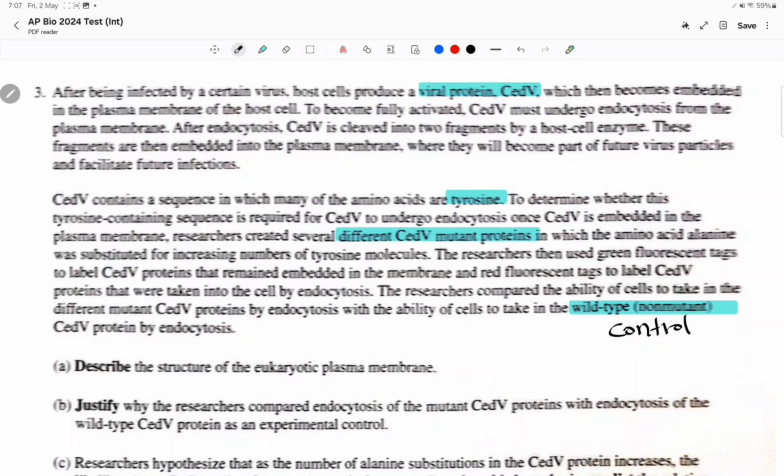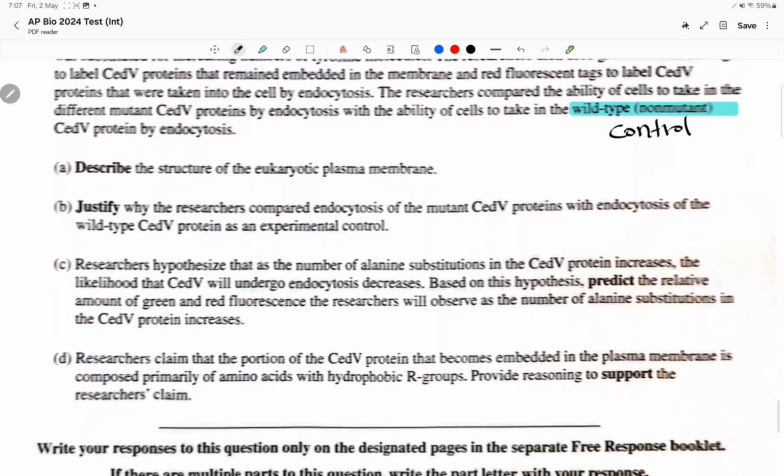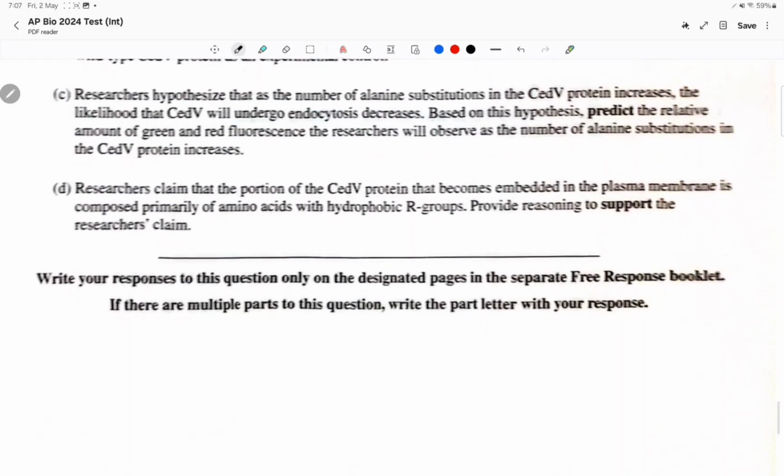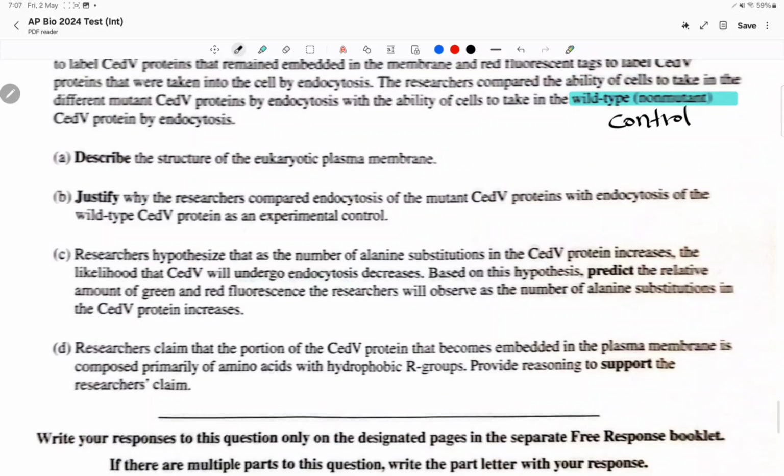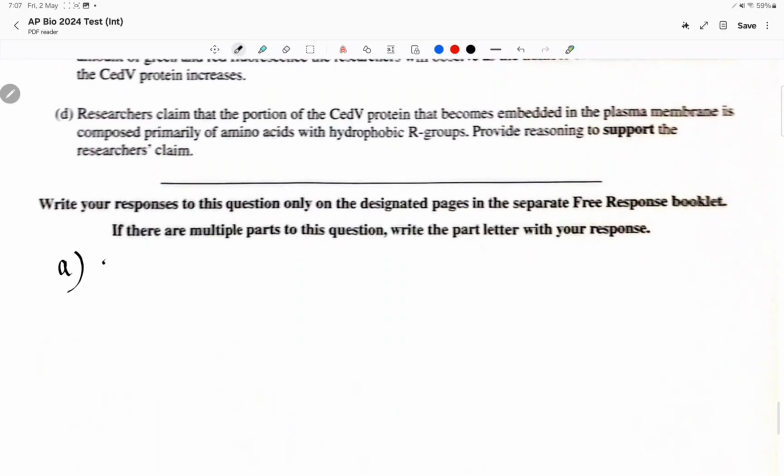A. Describe the structure of the eukaryotic plasma membrane. So what is it made of? The plasma membrane. Do you guys know? It's either proteins or phospholipids. Let's just stick with the phospholipids. Okay.